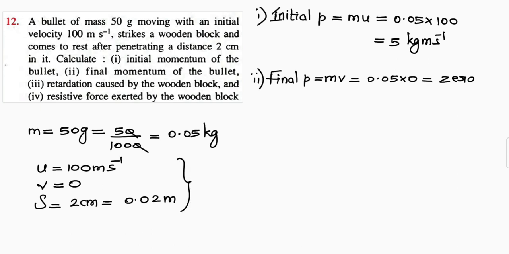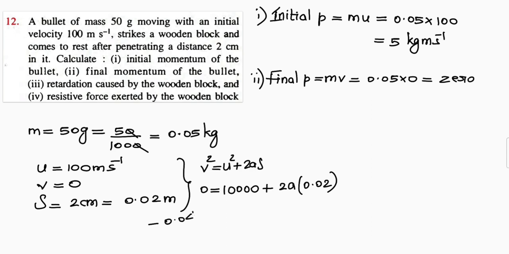Retardation, you can find it by using third equation of motion. So I'm using it over here. V square is equal to U square plus 2AS. Substituting the values, you get minus 0.04 A is equal to 10,000. That is 2,50,000 meters per second square.